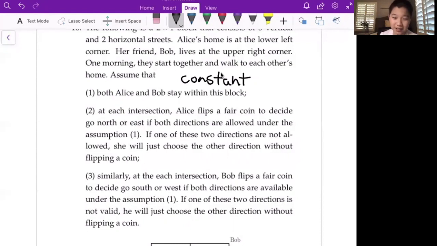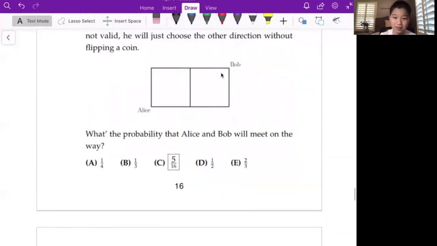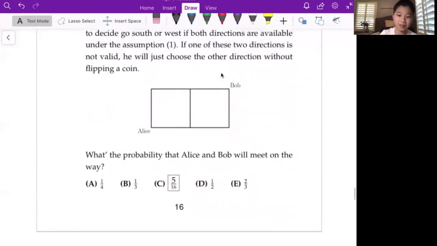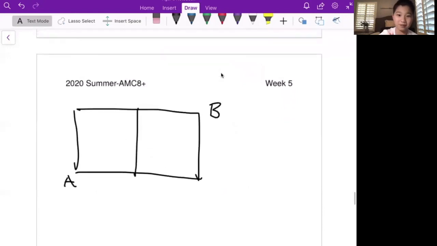At each intersection, Alice flips a fair coin to decide to go north or east if both directions are allowed under the assumption. If one of these 2 directions is not allowed, she will just choose the other direction without flipping a coin.